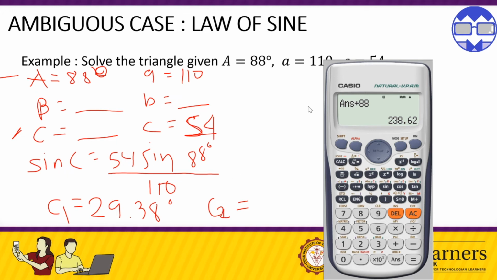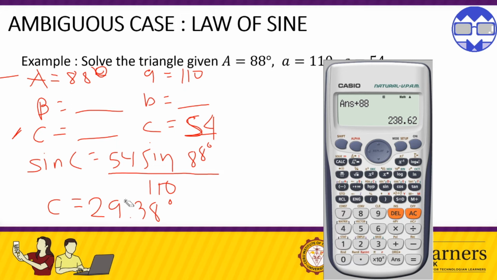That is already more than 180. So if this happens, this implies that there is no other value for C. It's just C sub 1, no C sub 2. So just erase this one. We have one C only.